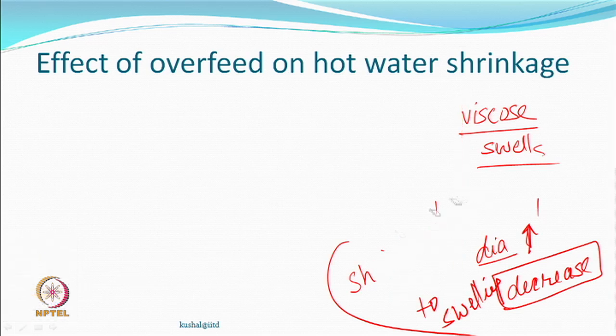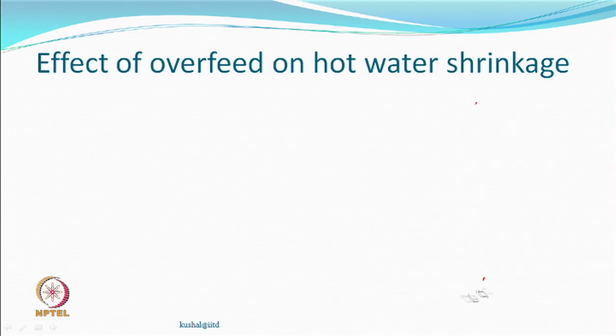Anyone? Have you heard it for the first time, or do you think you have heard it before? But you know, cotton fabric shrinks, no doubt about that. So, why do they shrink?